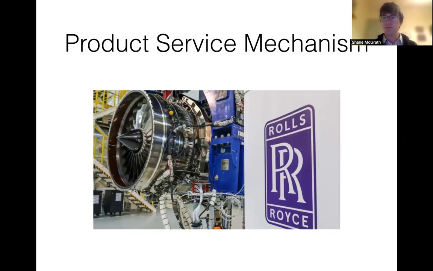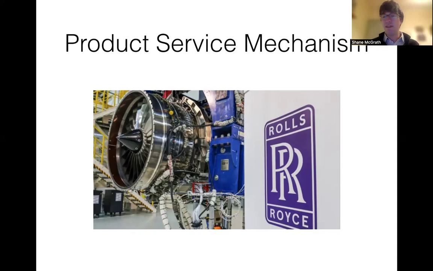But the product service mechanism is where the owners of the manufacturers don't necessarily just deliver an oven. They deliver an oven on, say, a subscription, and they track the oven, and when the oven needs to be upgraded they upgrade it for you, using things such as remanufacturing, although that is also disputed.